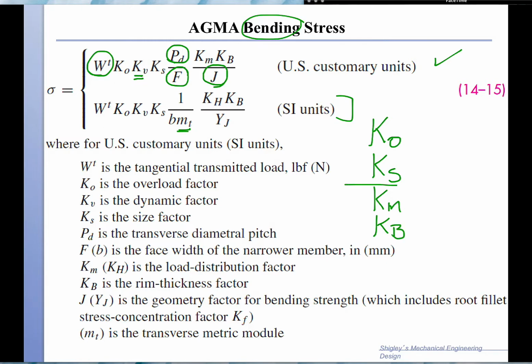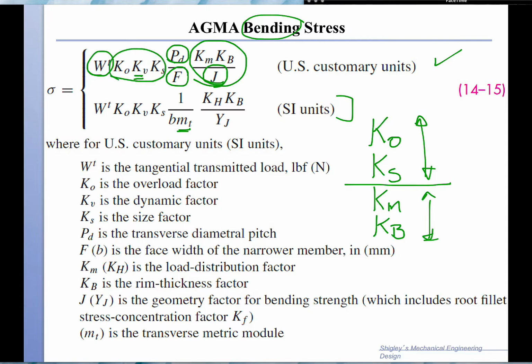In other words, if I divide them up, this is related to the loading. This is related to the geometry of the tooth. So instead of the Y, we have this group of factors, and instead of the K sub V, we have two additional factors.